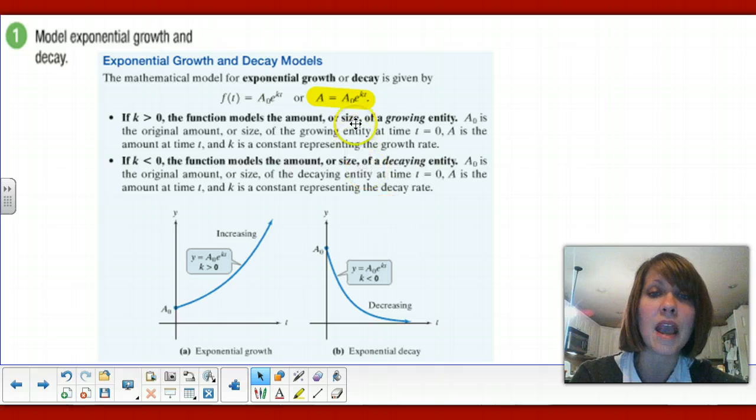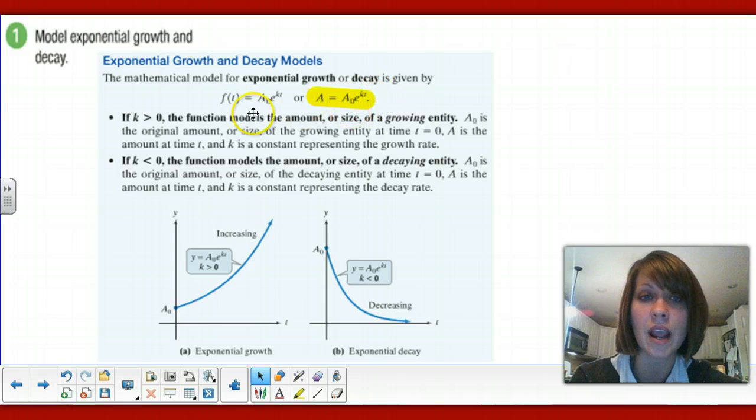But this is read A naught E to the K T. Okay, so A naught here is just showing you that it's a function of time. I would prefer it if they would have written A of T.